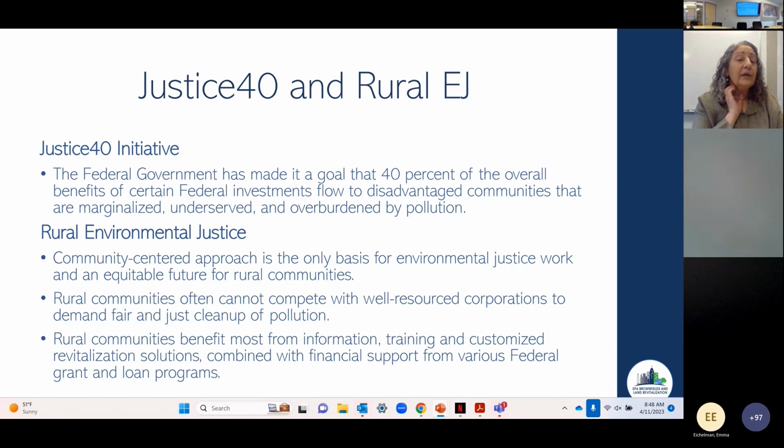And there's also been a great focus on creating EJ centers. I don't believe the grants have been awarded yet, but there was recently an RFP out, which I think got tremendous response for creating environmental justice resource centers within communities in all EPA regions nationally.